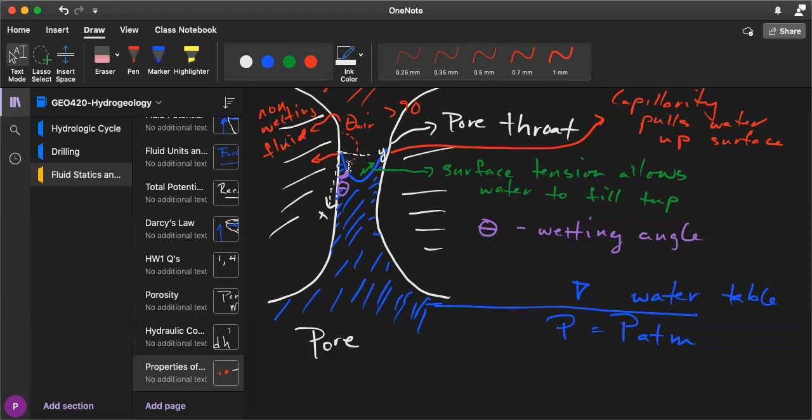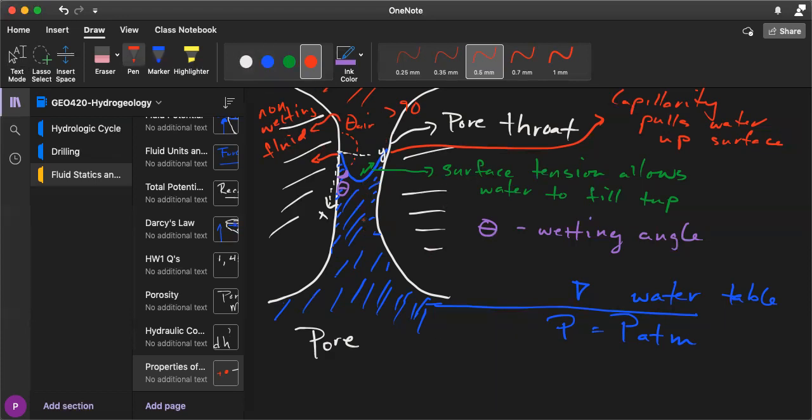So you can have oil trying to pull itself into pores and pushing water out. The wetting fluid always has an angle of less than 90 degrees, and the smaller the angle, the stronger the attraction is between the fluid and the mineral walls.